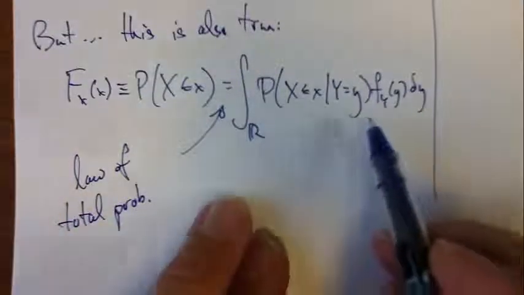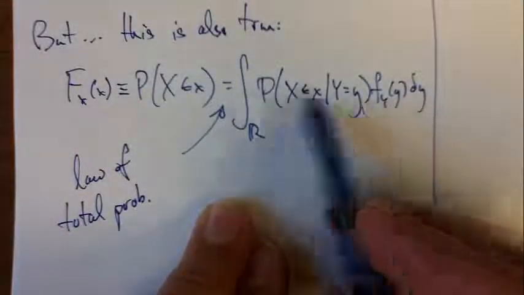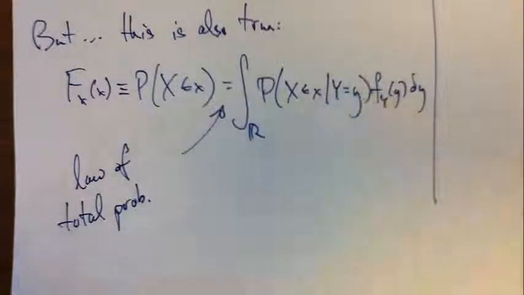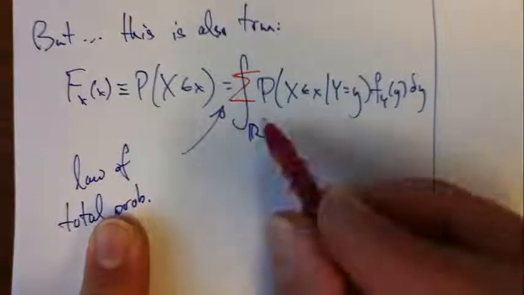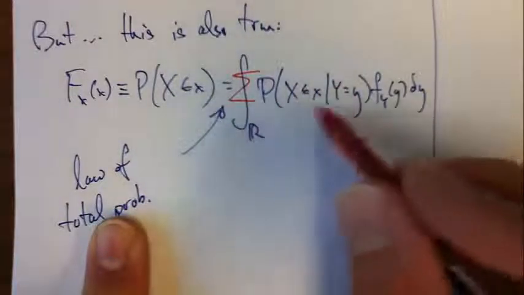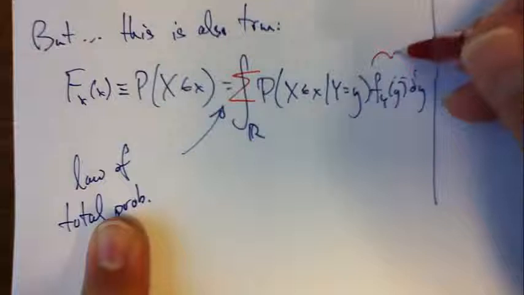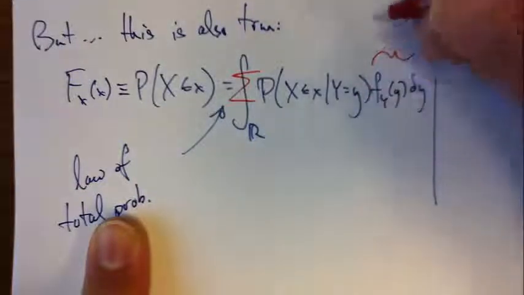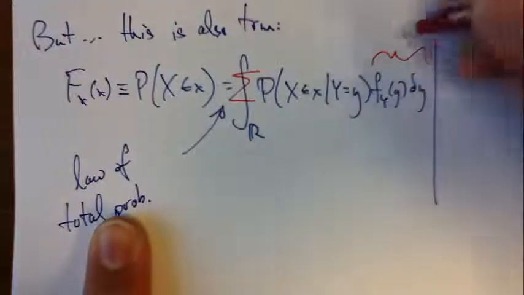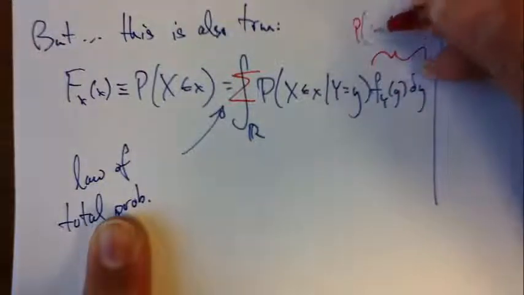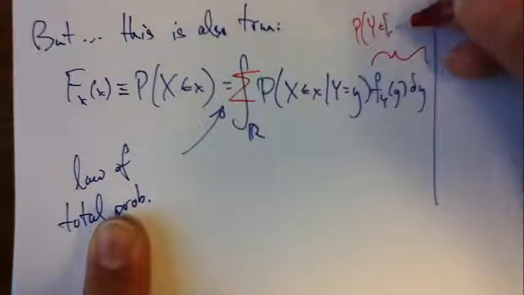Right? I'm conditioning on the value of Y. So you could think of this as in the discrete case, remember this would be like a summation sign, and I want the chance of this given that times the probability of that, effectively. Remember this stuff over here, this f sub Y of y dy is like the probability that Y takes on a value between little y and y plus dy.